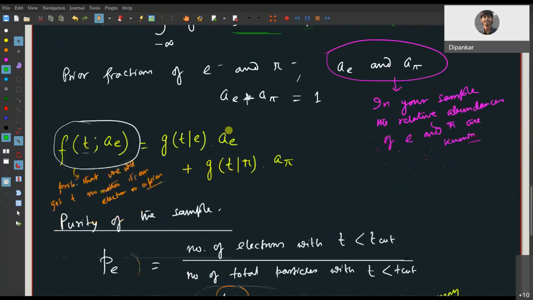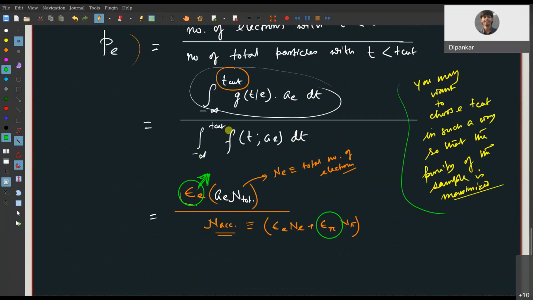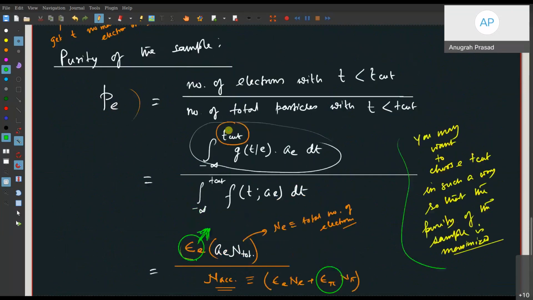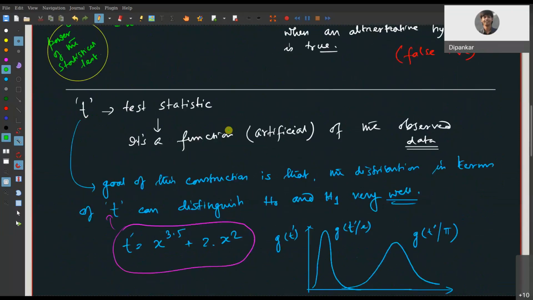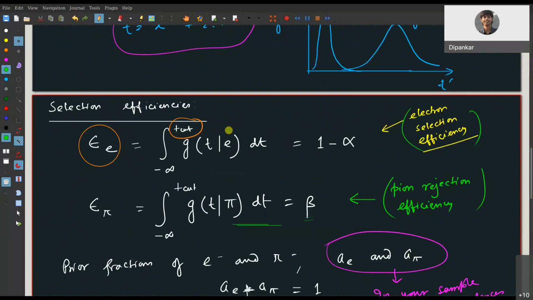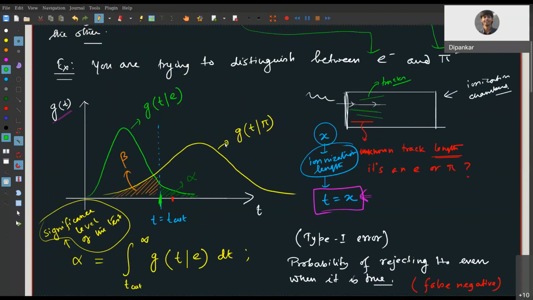Should the selection efficiencies also be a function of the relative abundance? No, absolutely not. The selection efficiencies are independent of the relative abundances. They only depend on the distribution of the test statistic, and the test statistic is obtained by training your computer, in the ideal case, training your detector.